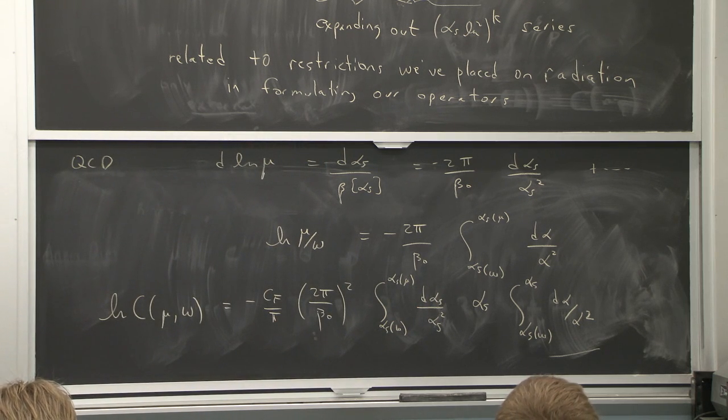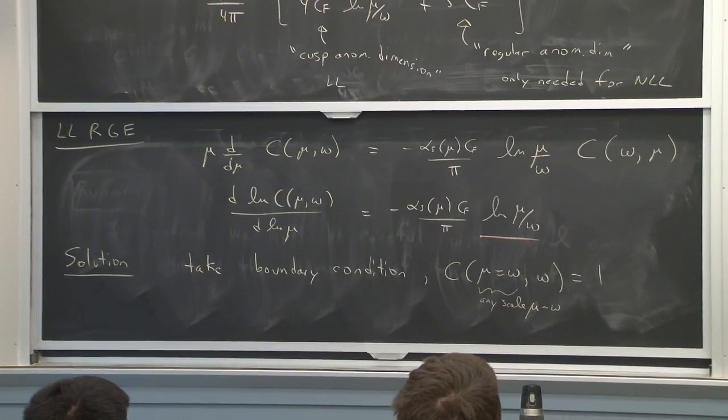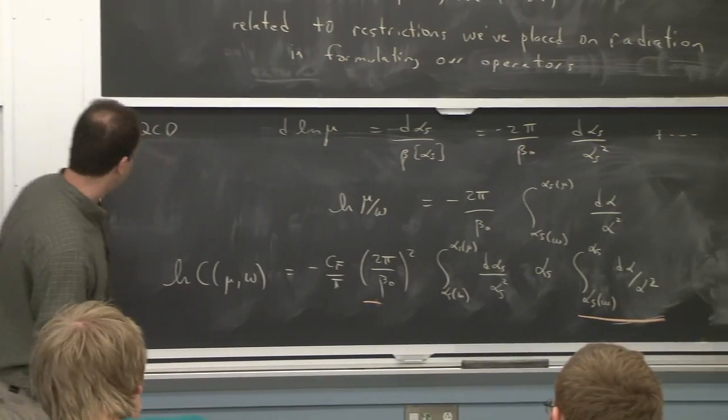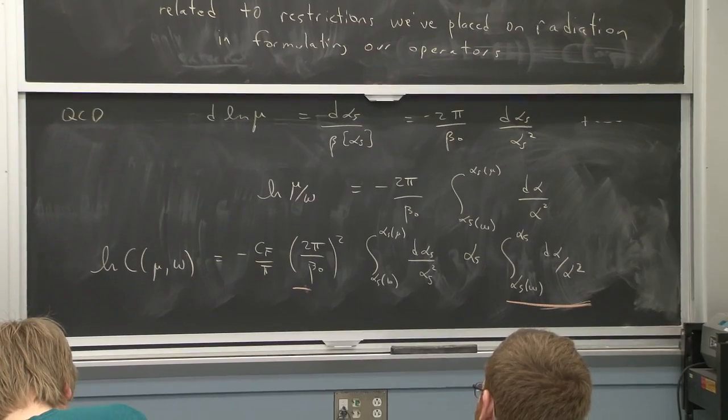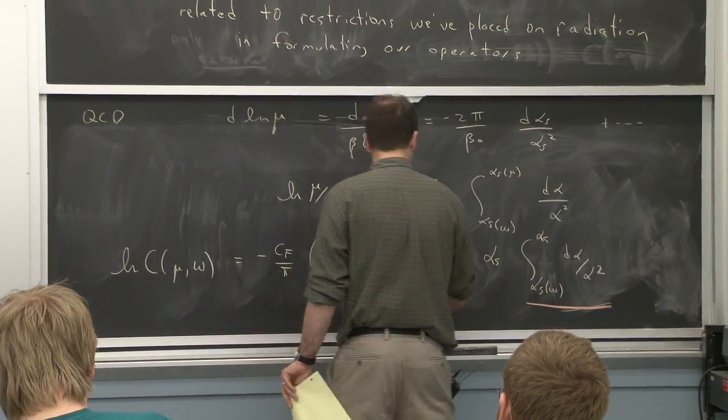So we could underline things. Half of this guy, all of that guy, d log mu, other half of this guy and that guy.